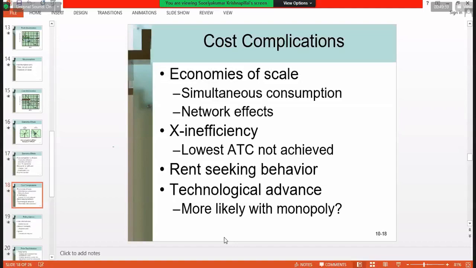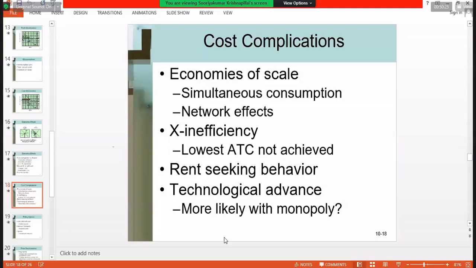Some argue the monopoly will develop technological advance. But some argue there's no pressure for a monopoly because he is the only producer. He secured the monopoly status.